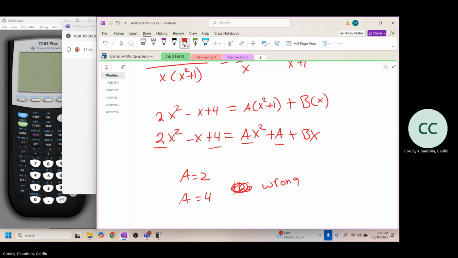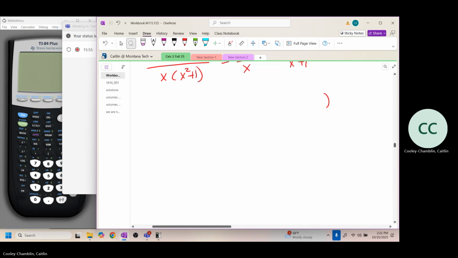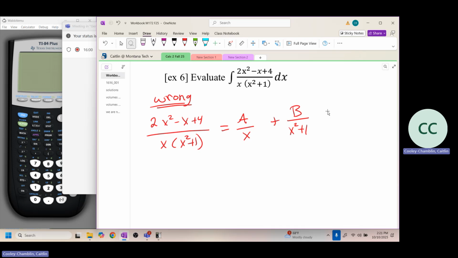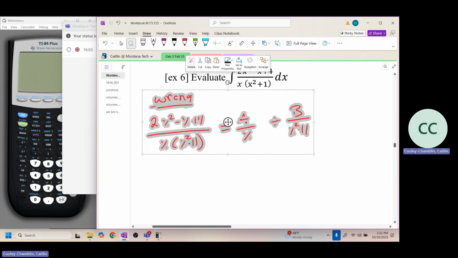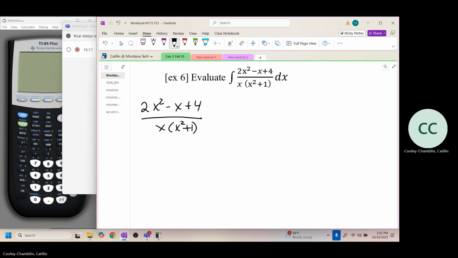So the fix to this, and I'm going to erase this too, trying to use red for the wrong one, is when we have (2x squared minus x plus 4) over x times (x squared plus 1), is we have A over x, which is a given.